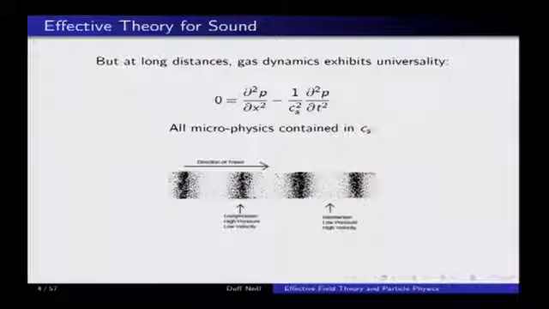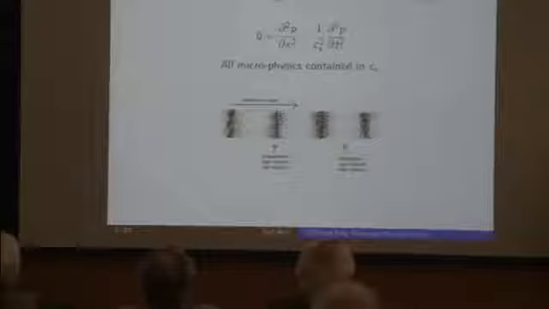At very long distances, the dynamics of a gas exhibit a very simple behavior, and that's just sound, what I'm using right now to communicate my talk to you. And sound, for every single gas, is all described by the exact same equation, the wave equation. And this, one could call the effective theory for gas dynamics, is just the wave equation.